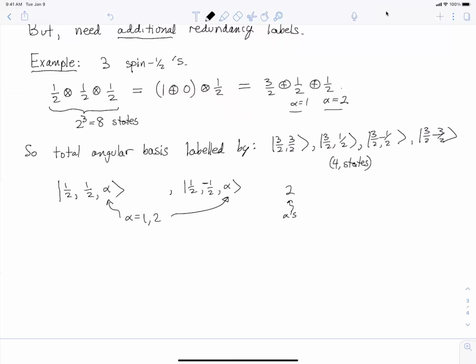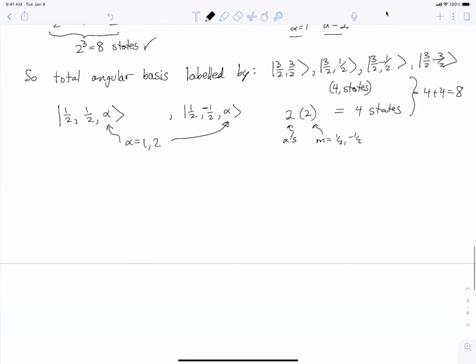And then there's m equals 1/2 or -1/2, so there's another factor of 2. And so that's also 4 states. And so hooray, the counting works because 4 plus 4 is 8. And that matches with the number of states we started with here.